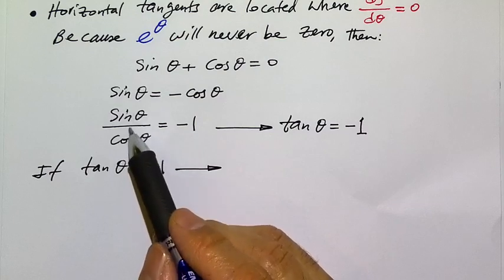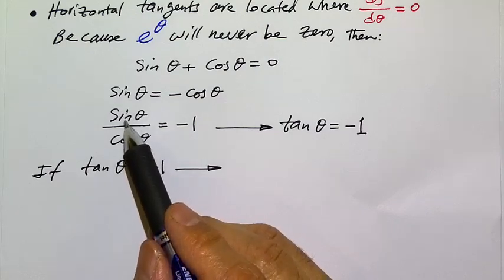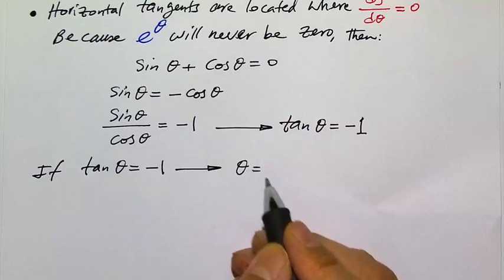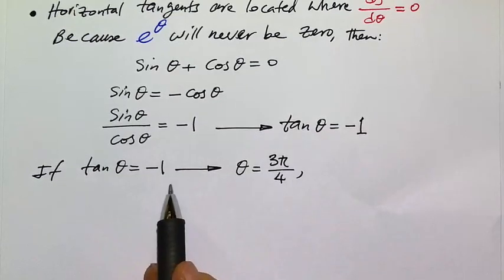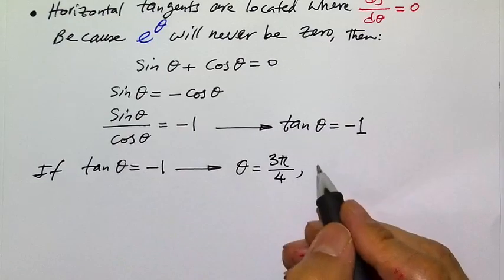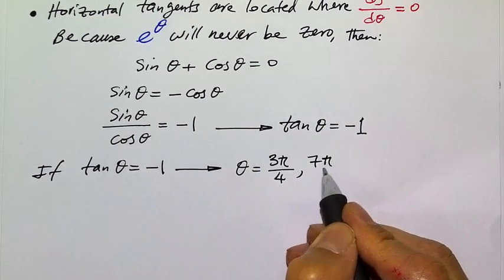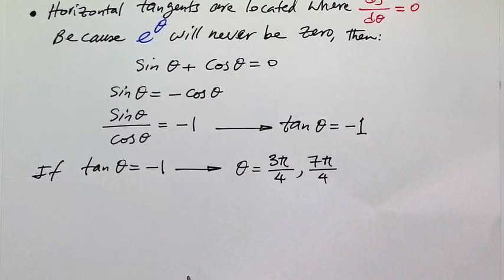This happens in the second quadrant, so that would be when theta equals 3 pi over 4, and also in the fourth quadrant, which is when theta equals 7 pi over 4.